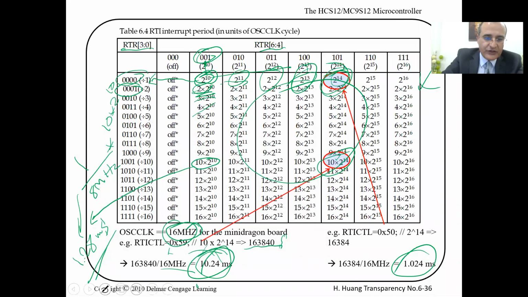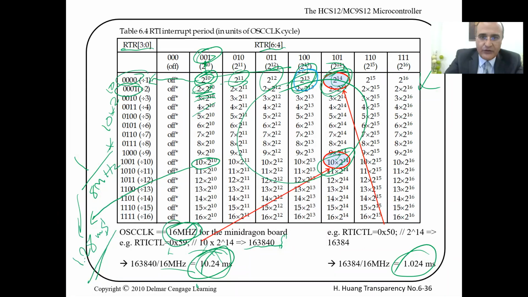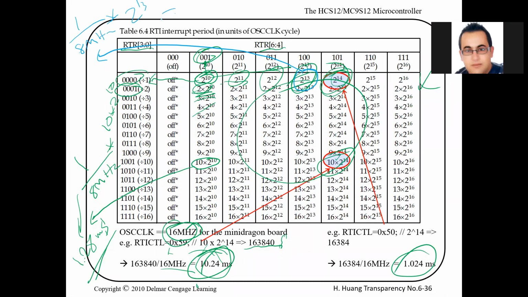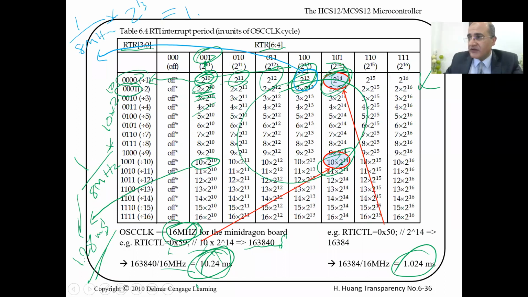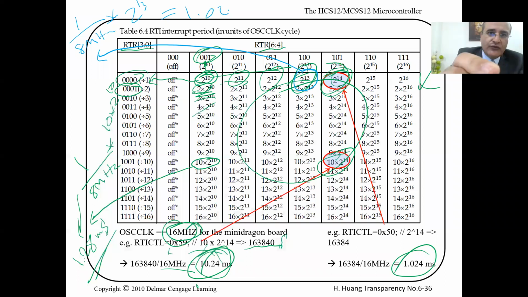This value, if I change my pen color to blue: 8 megahertz, 1/8 megahertz times 2 to the 13 will give us 1.024. Much more accurate.